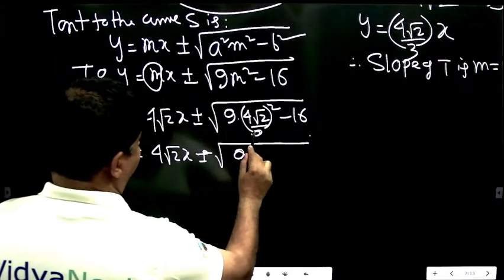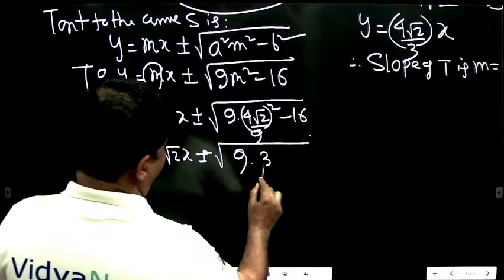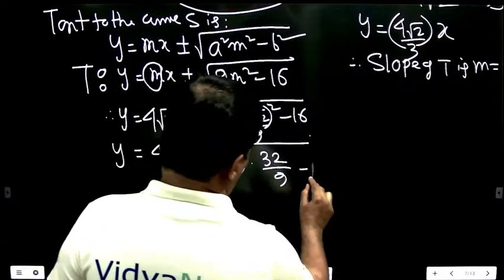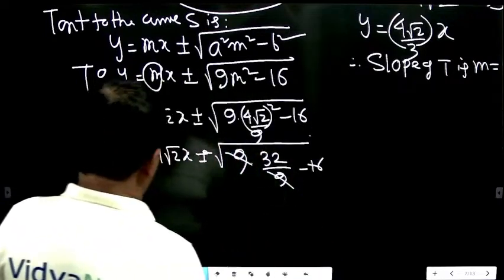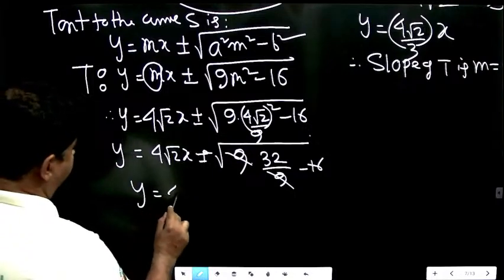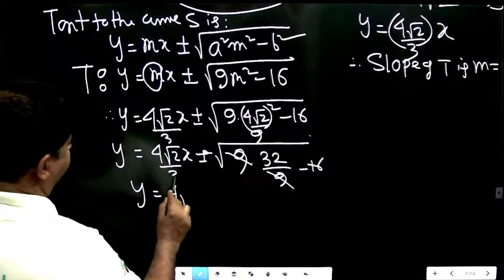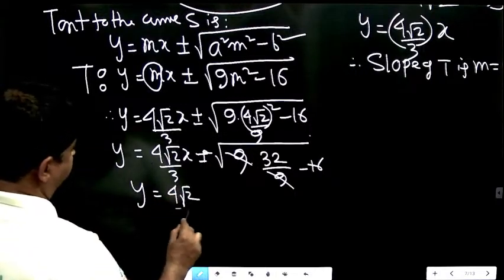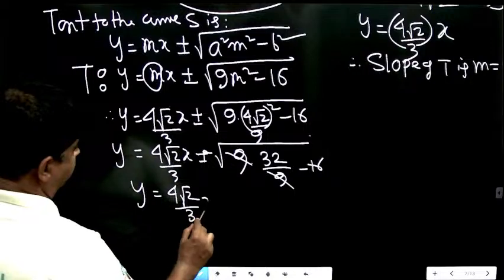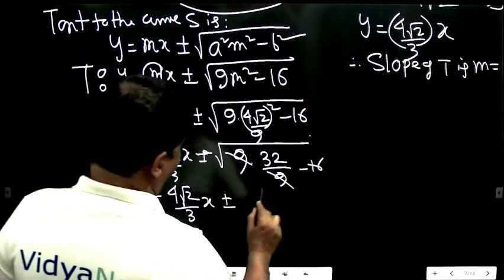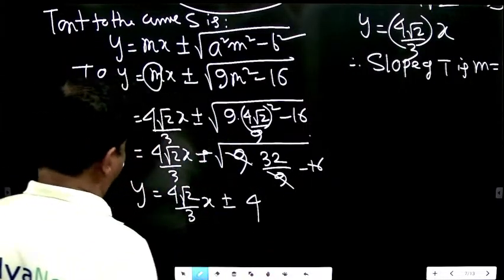By 3 means 9. That is 32 by 9 minus 16. Cancel. 4 root 2 by 3 plus minus, 32 minus 16, 16, 4.